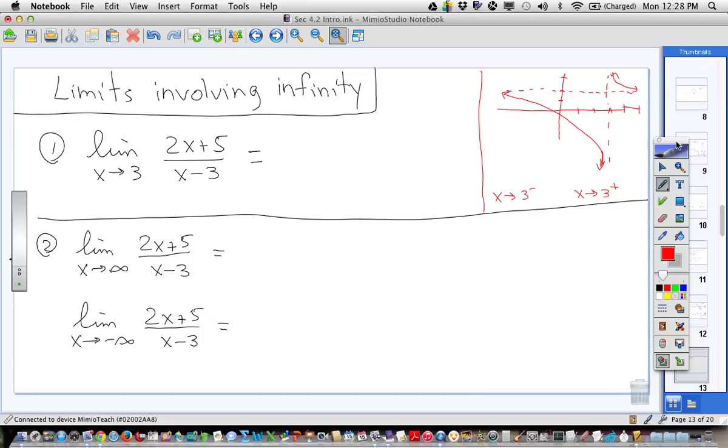Now, that's not a very good picture, but are you seeing something similar to what I have up there when you graph it? Again, like we said before, if you have a graph of a function, limits are pretty easy. Just where the cars are going. Are they meeting? That kind of thing.